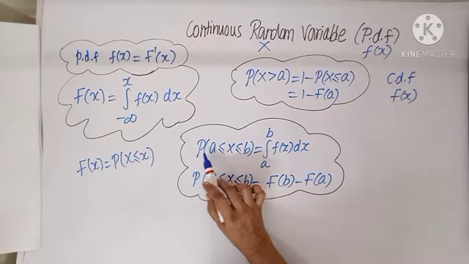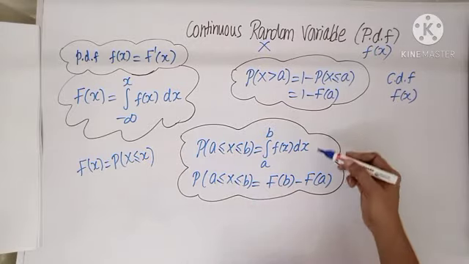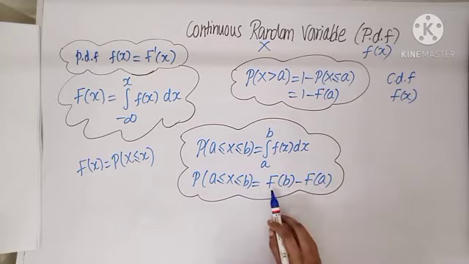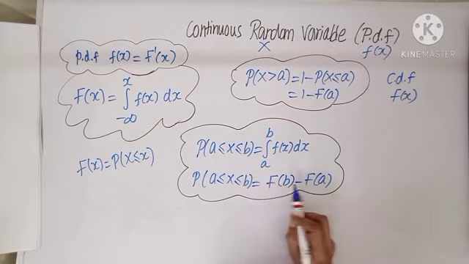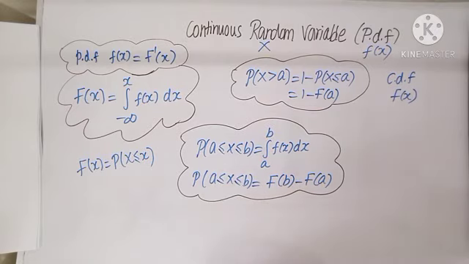If I want the probability between a and b, there are two methods. If small f is given, integrate between a and b. If capital F is known, F of upper limit minus F of lower limit. Let us proceed with the exercise problems.